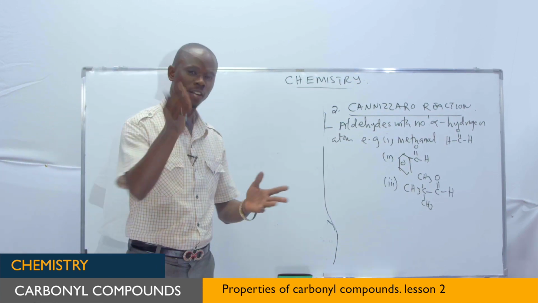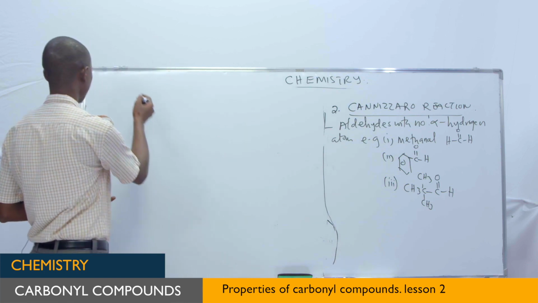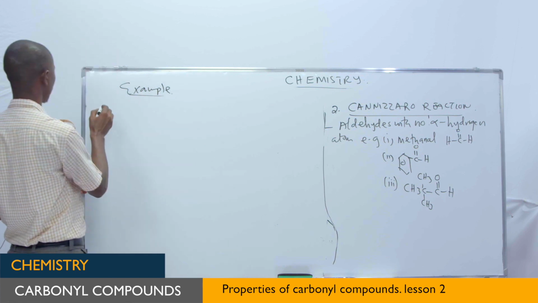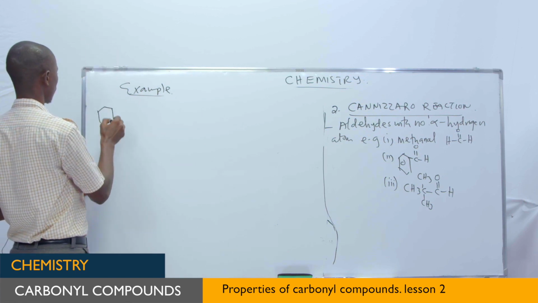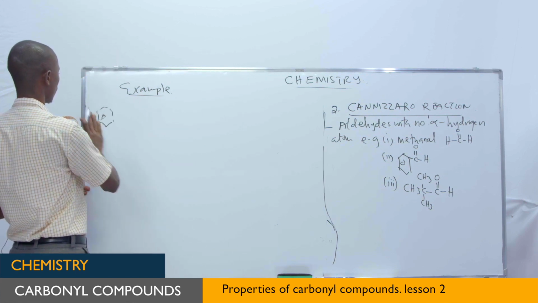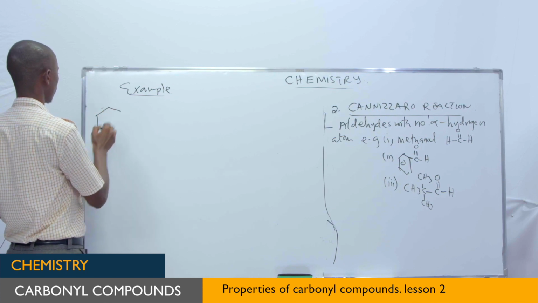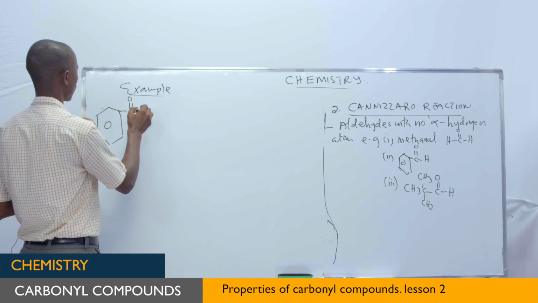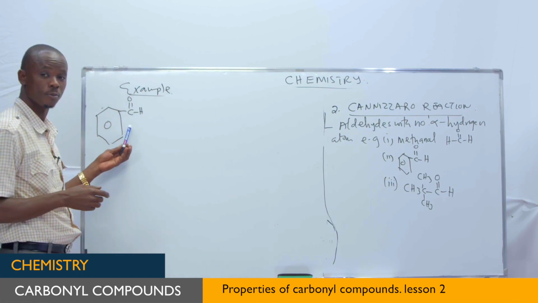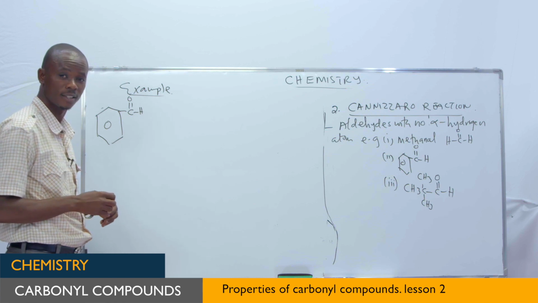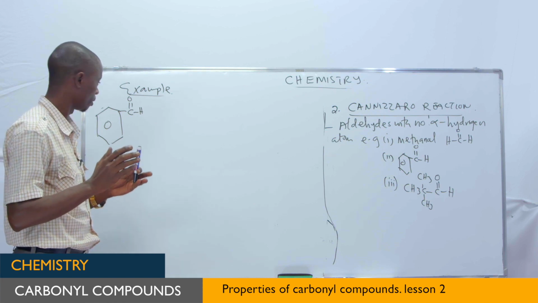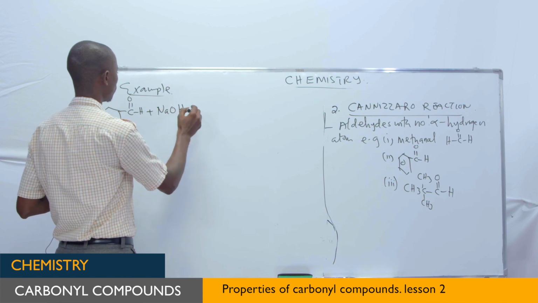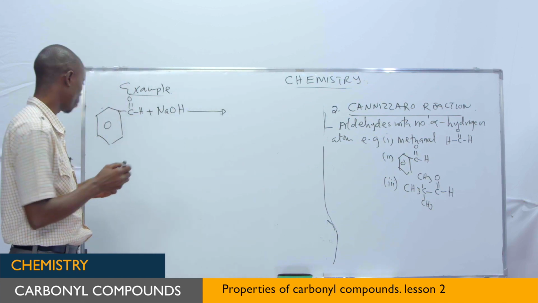Now, let's go to examples of the reaction. This is benzaldehyde. It lacks alpha hydrogen atoms. So when reacting with sodium hydroxide solution, what will be the product?